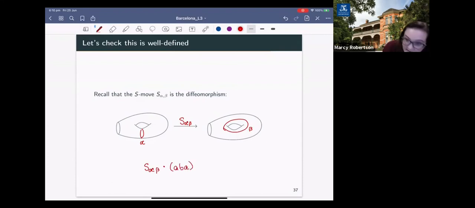So I have A, B, A, some integers, and I'll just write some blah, blah, blah, and then an F, A squared, B squared. So this actually makes sense. So this is an element that's central in the mapping class group here.